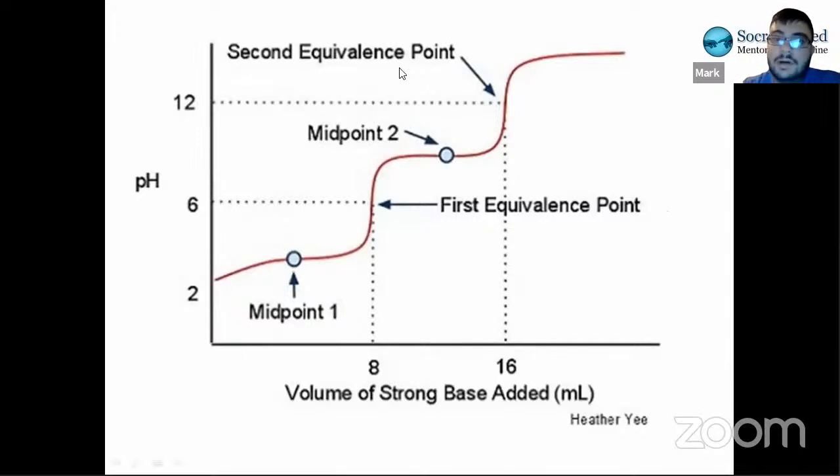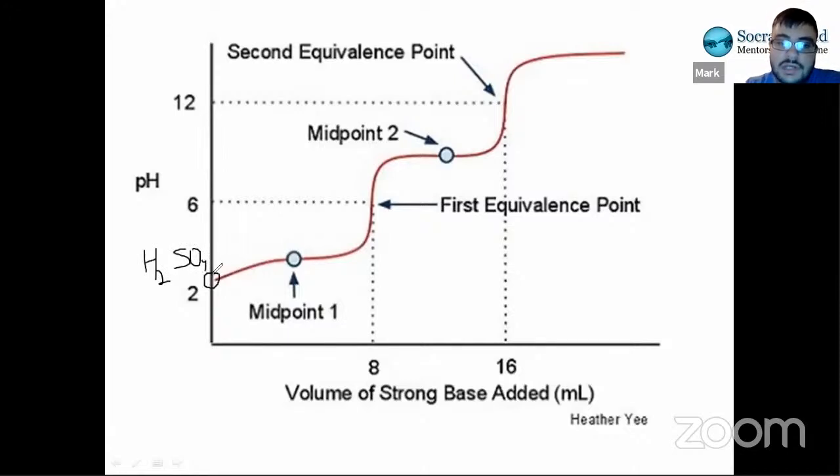Now I want to talk about multiprotic acid titration curves. This could be the titration curve of a diprotic acid, because it has 2 equivalence points, because it has 2 deprotonation events. For example, this is probably H2SO4 or something similar that's diprotic.